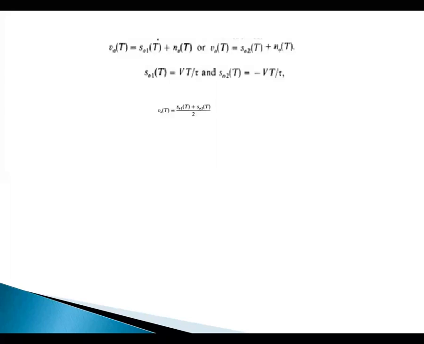So either one can be received at the receiving end. If you receive S1 or S2, S1 gives S01 of t and S2 gives S02 of t. What is the difference? In these two signals, VT by tau is one signal and minus VT by tau is the other.